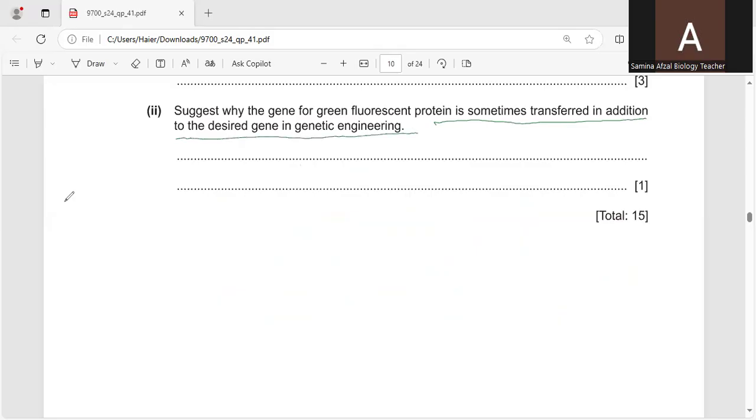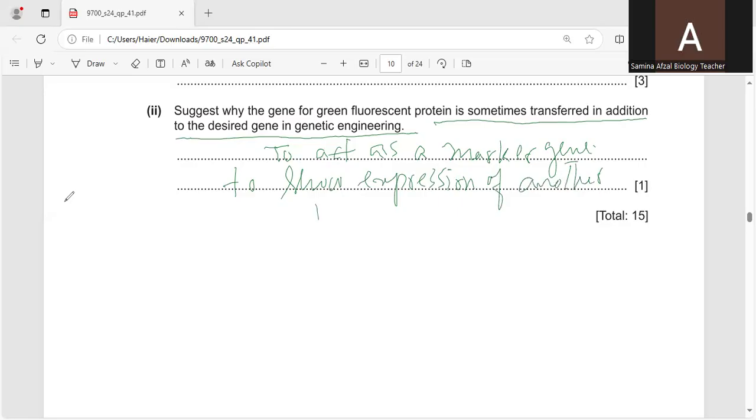It is because it acts as a marker gene, to show expression of another transferred gene.